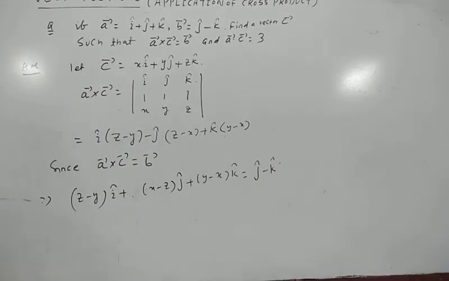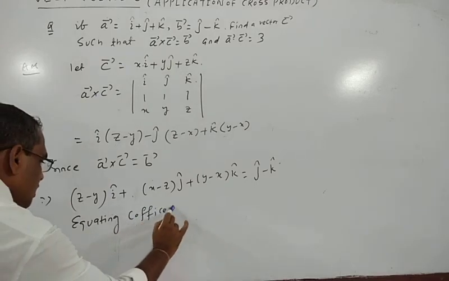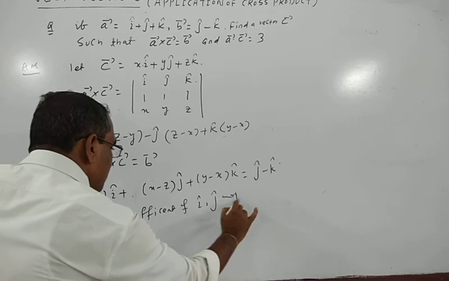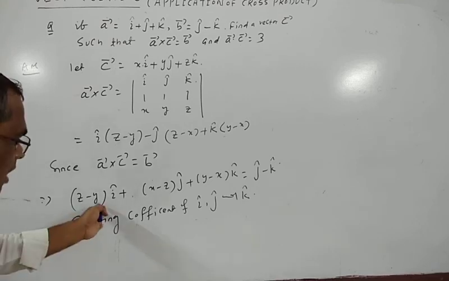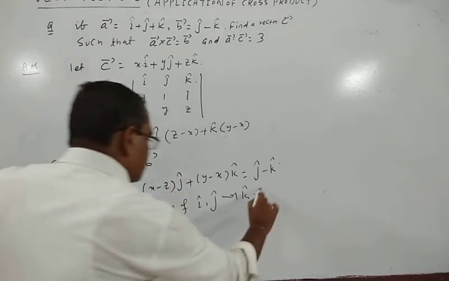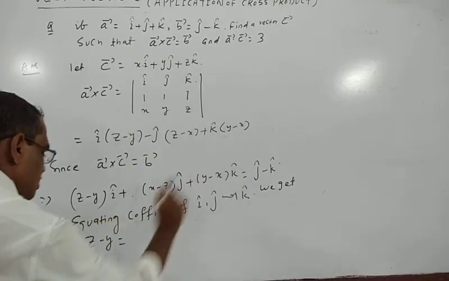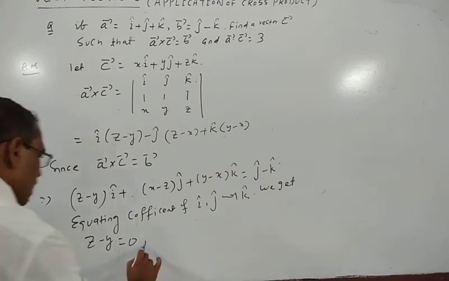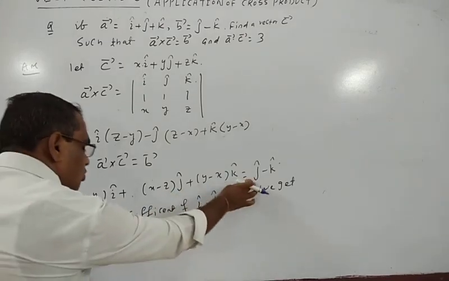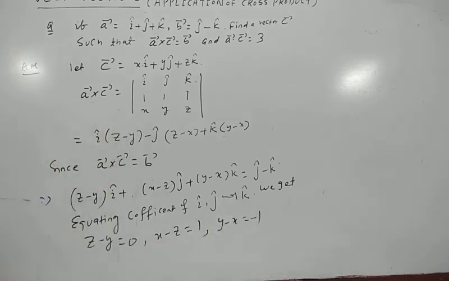So by equating the coefficients of i cap, j cap and k cap, because these two vectors are equal, we get z minus y is equal to 0, x minus z is equal to 1, y minus x is equal to minus 1.